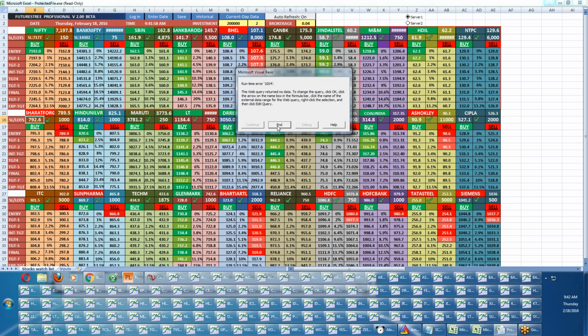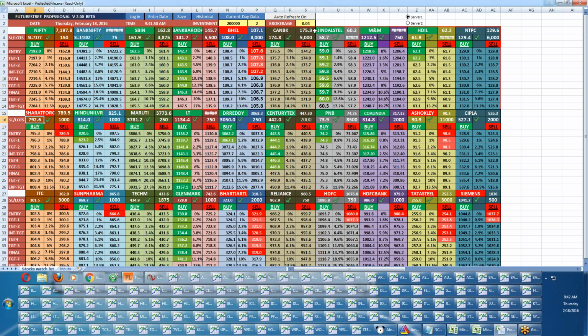So whenever you have this error, it means that your link has broken for the data. So just click on end and once again put it on auto refresh on.